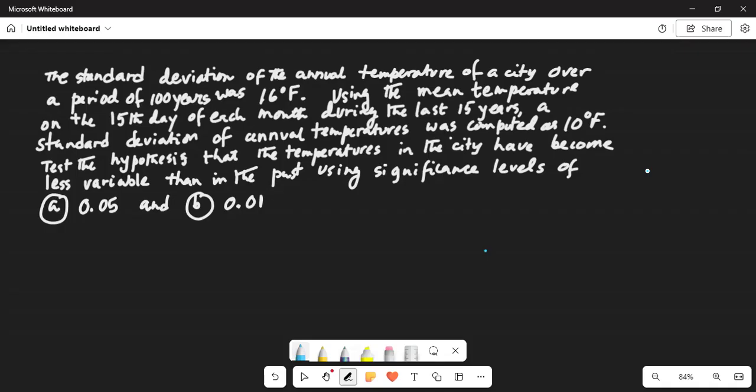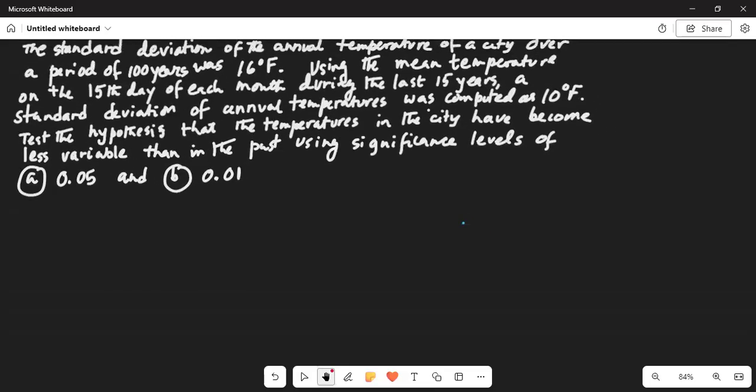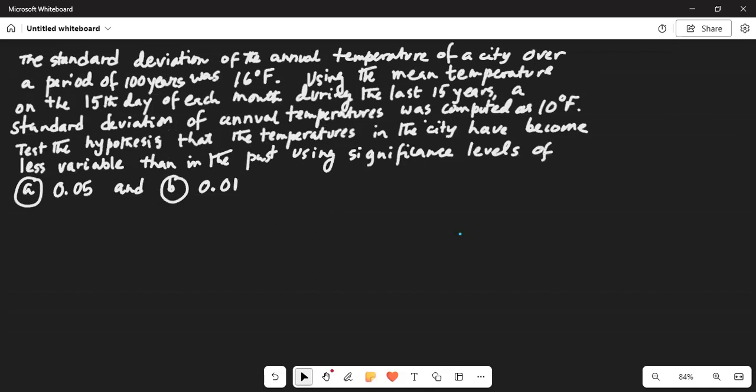So first we have to write the null hypothesis. In the past, for 100 years, the standard deviation of the annual temperature of the city was 16 degree Fahrenheit.